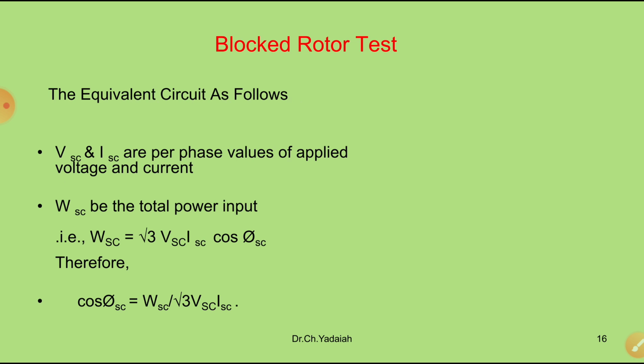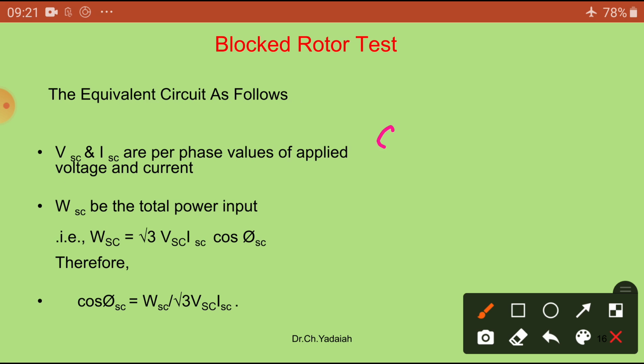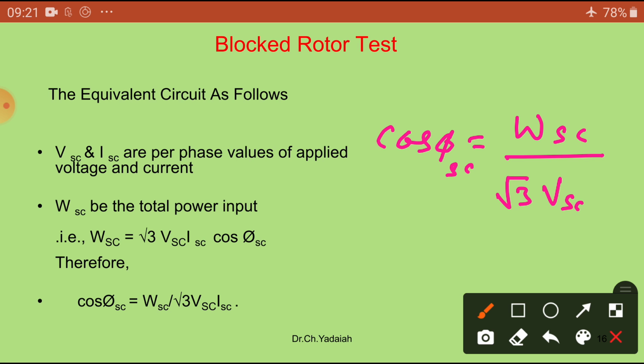From that, I am going to calculate cos phi SC, the power factor under short circuit condition. As we know, cos phi SC is equal to the wattmeter reading divided by root 3 VSC ISC. From this I calculate the value of cos phi SC.